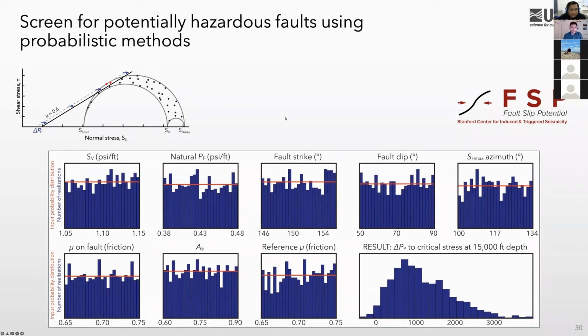If the question is about parameters needed for these probabilistic geomechanics analyses, the parameters needed are shown here, basically. You just need to know the three principal stresses, or an A-phi value and a vertical stress, pore pressure, fault orientation, and coefficient of friction.